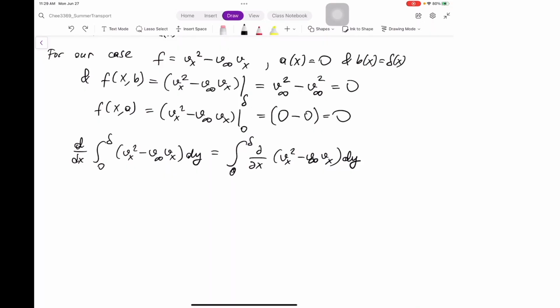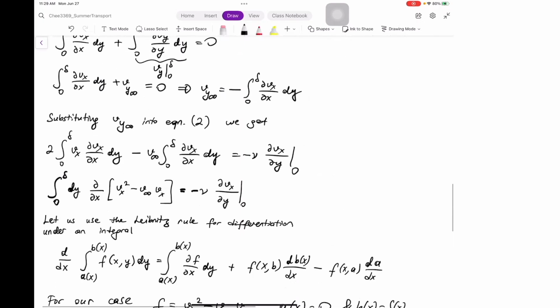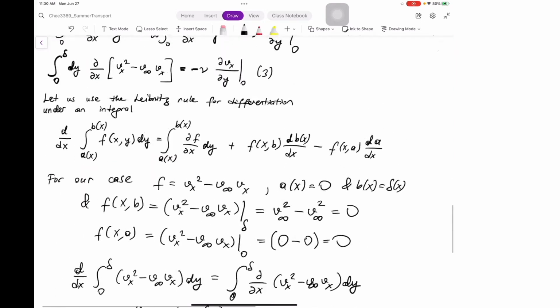So substituting this into 3 gives... I didn't label it 3. Okay. So this is my 3, equation 3. Let's substitute it there. What do we get?